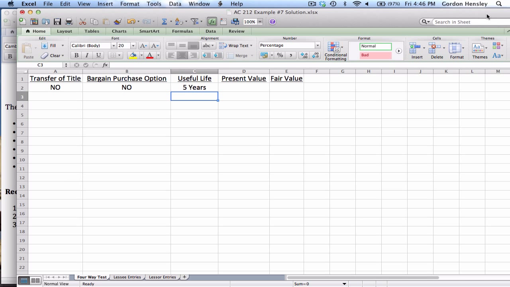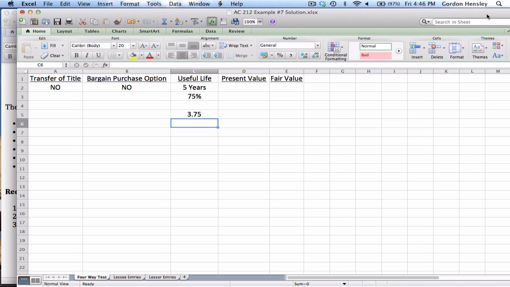Now remember, we talked about this in the video lecture on leases. As long as we're leasing it for less than 75% of useful life, then we're okay. So the question is, what is 75% of this useful life? Well, 5 years times 0.75 would be 3.75.